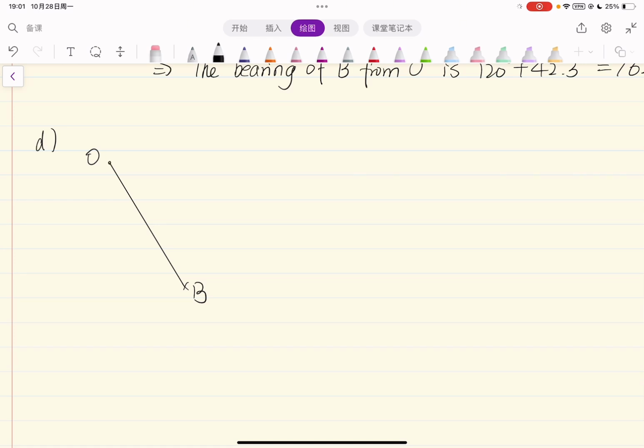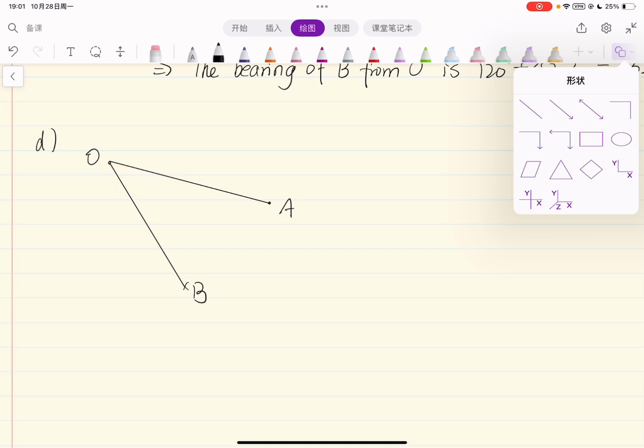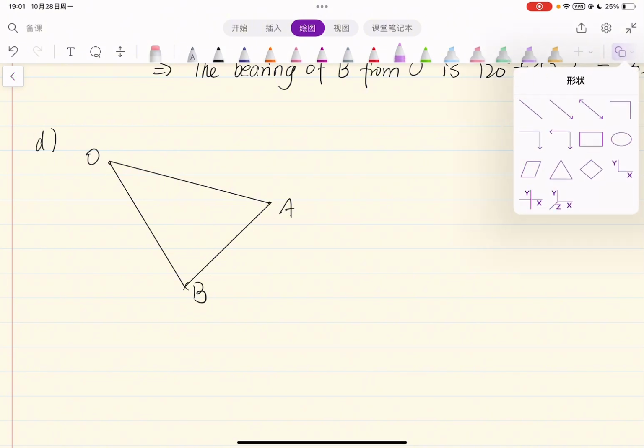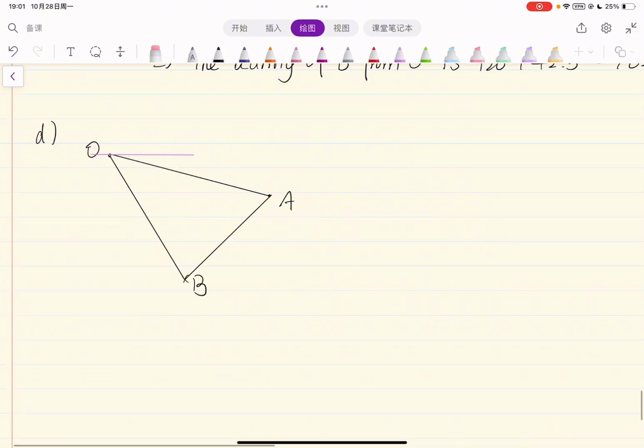Here is A. So we draw a perpendicular line, perpendicular to each other, so we have the right angle triangle.